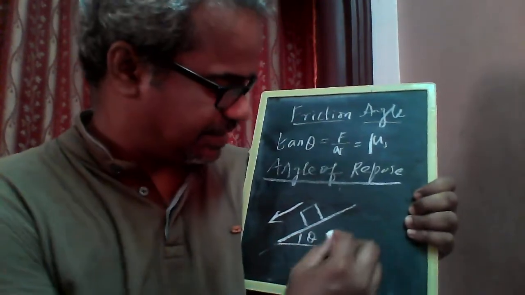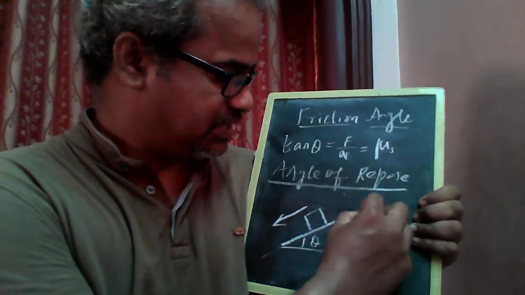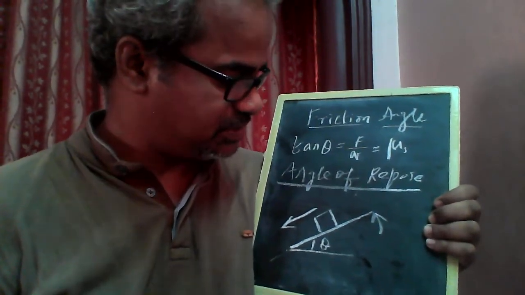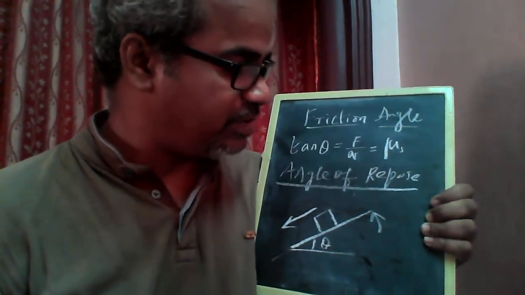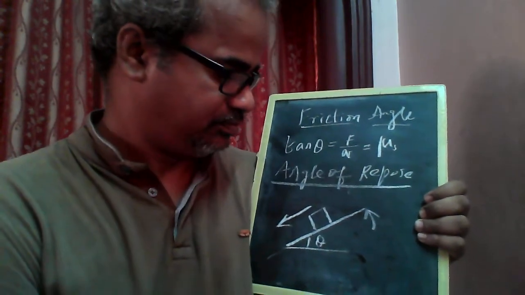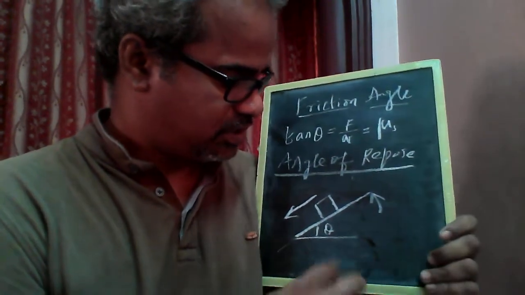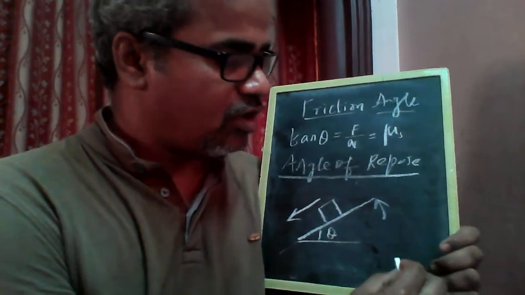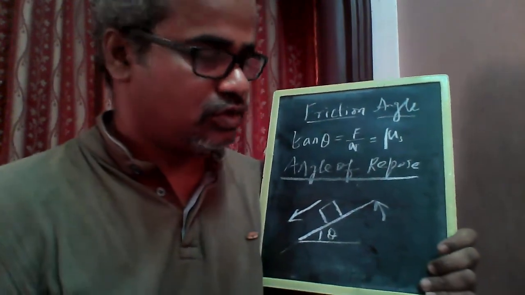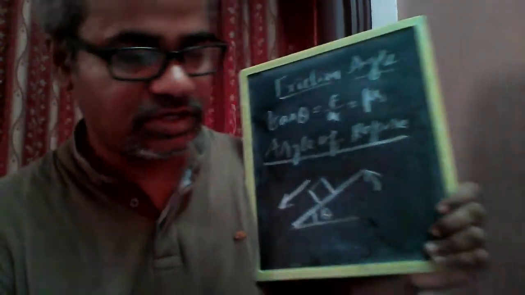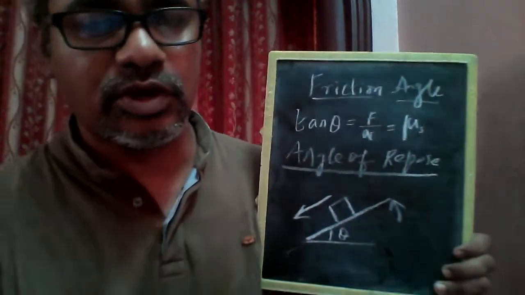So I can define it like this: the steepest inclination at which the body will be in equilibrium is called angle of repose. So these are all the two mark questions available in the first friction module.